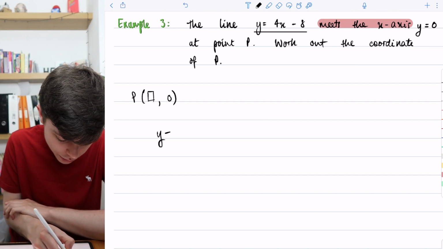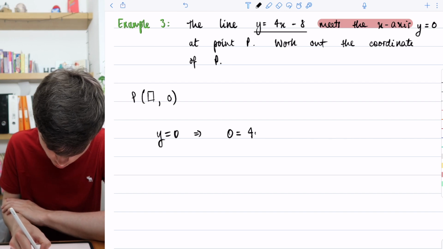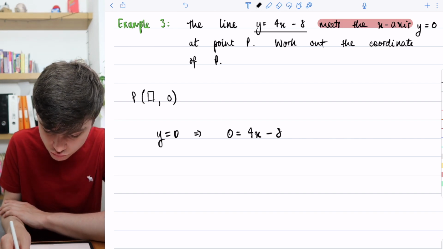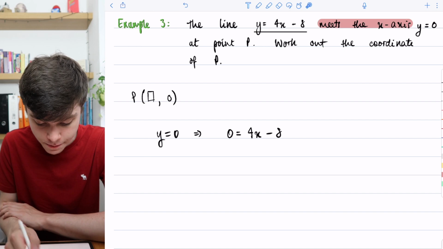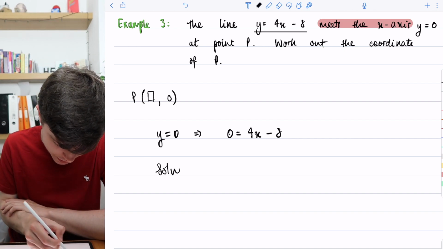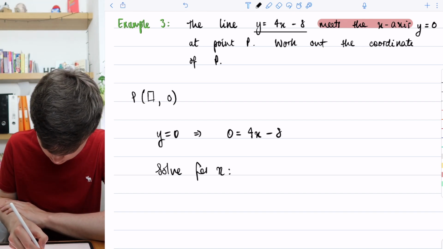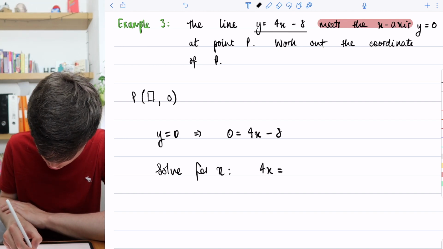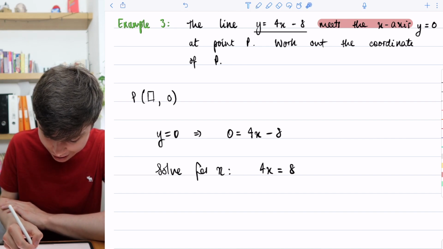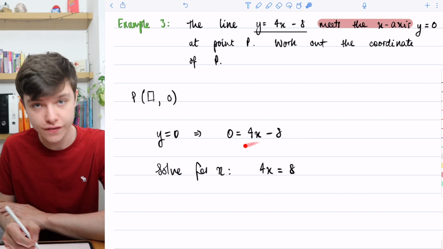So y equals 0 means that 0 is equal to 4x minus 8. I've just replaced the y with a 0. And then I'm going to solve for x. That gives me, well, 4x will be equal to 8. I can just add 8 to both sides to give me, well, 8 is equal to 4x.